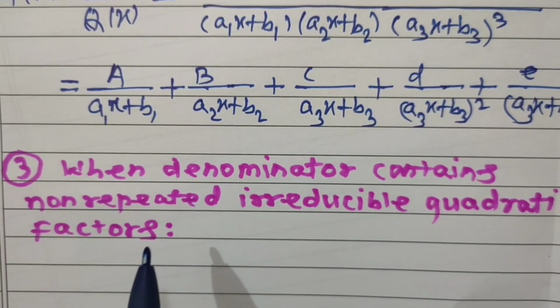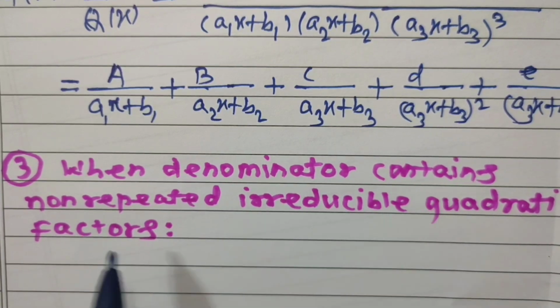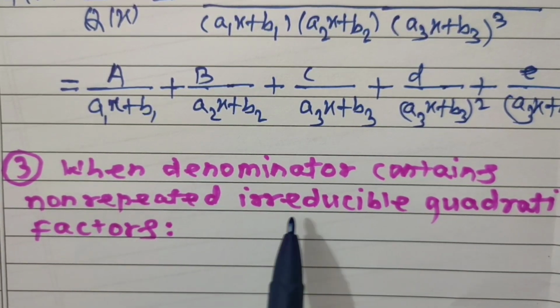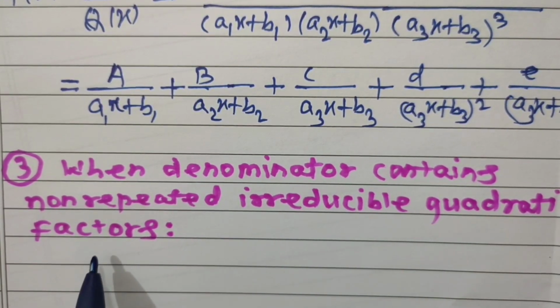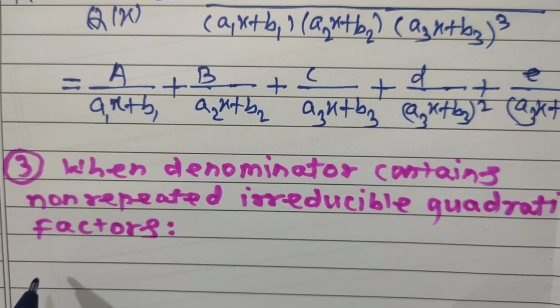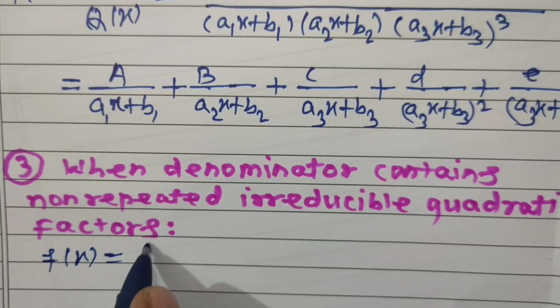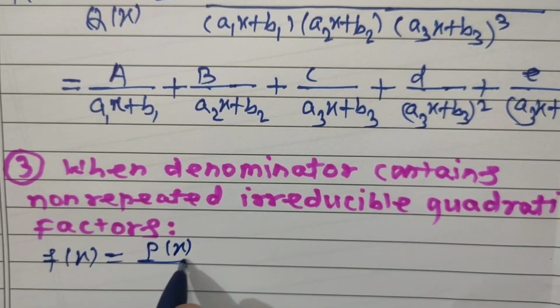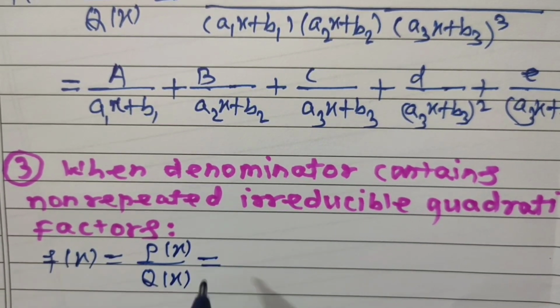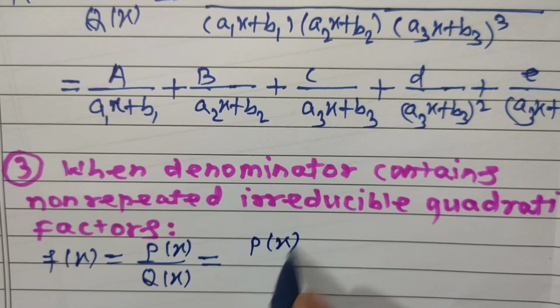Type number 3 is when denominator contains non-repeated irreducible quadratic factors. Let us assume rational function like this: f of x is equal to p of x upon q of x, and numerator p of x is as it is.